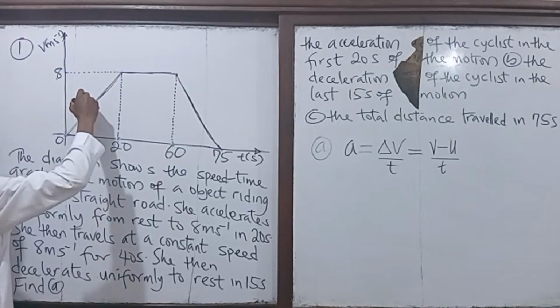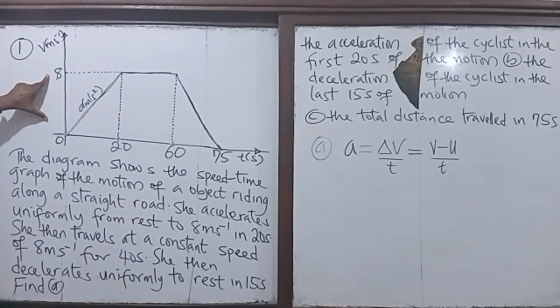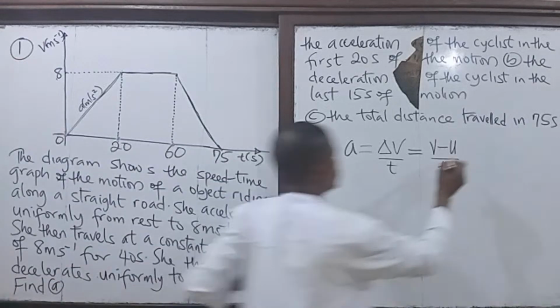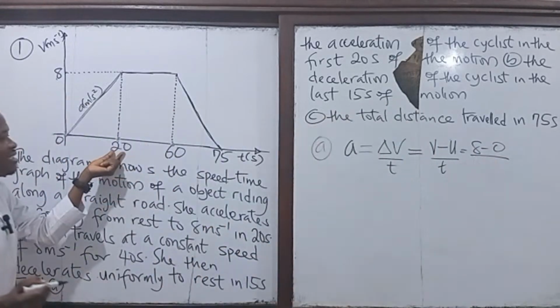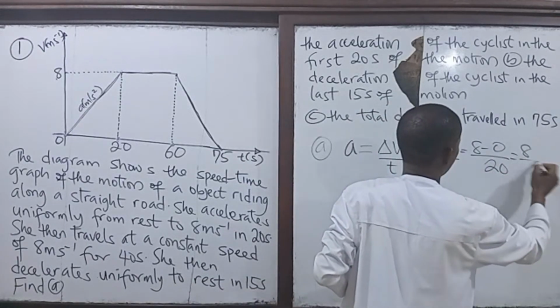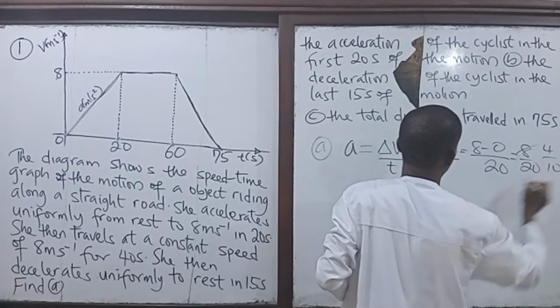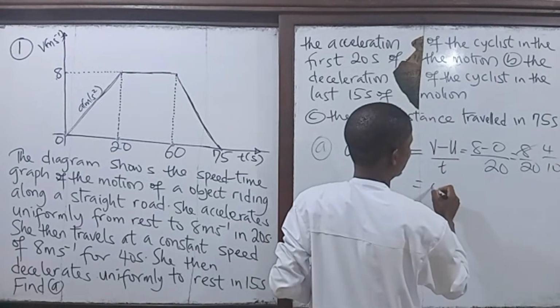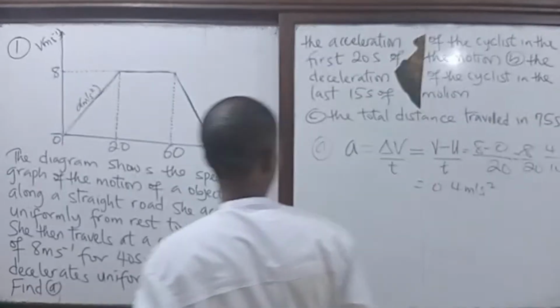This is the final, this is the initial. So 8 minus 0 is the changing velocity, and the time is 20 seconds. That's 8 over 20, which is equal to 4 over 10, which is 0.4 meters per second squared.